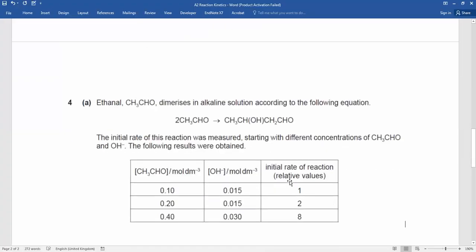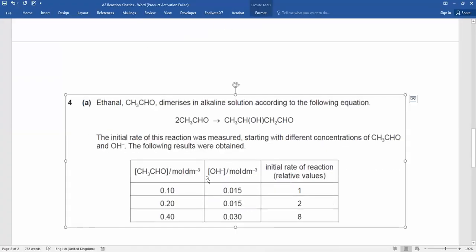Okay, the first method of understanding or figuring out rate or order of reaction is through experimental data. What is this method called? Figuring out the order of the reaction through experimental data. How do we do this? It's a very easy task, but read the question first.